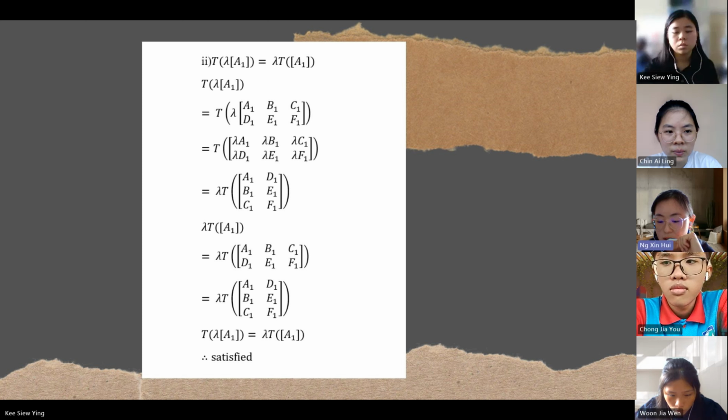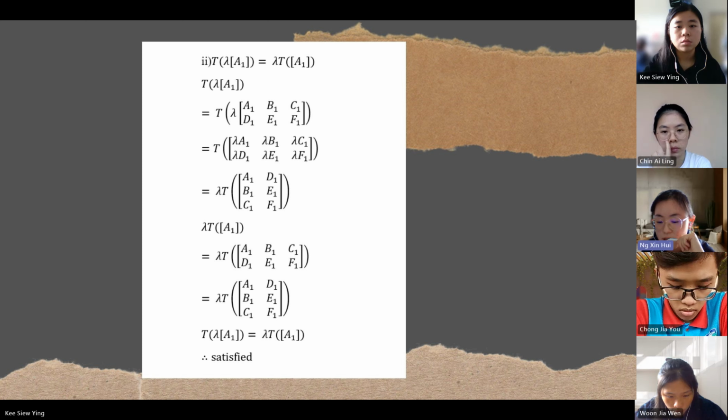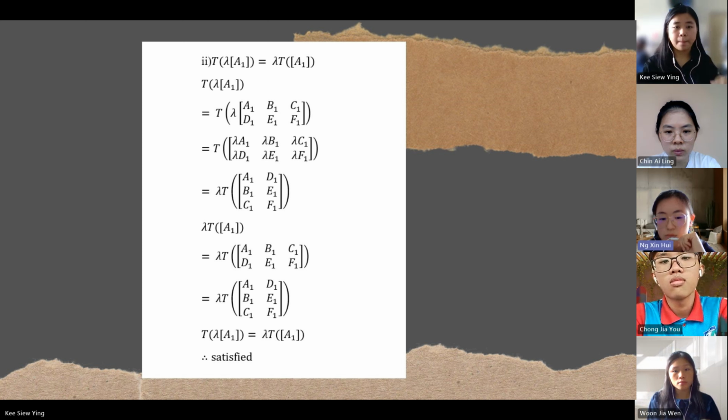Then by factoring out the lambda from the vector and putting the scalar lambda outside, we will obtain lambda times (a1, d1; b1, e1; c1, f1). From the right-hand side, we already know that this is just the linear transformation that we get from the left-hand side. Thus, left-hand side equal to right-hand side. We have verified the second requirement.